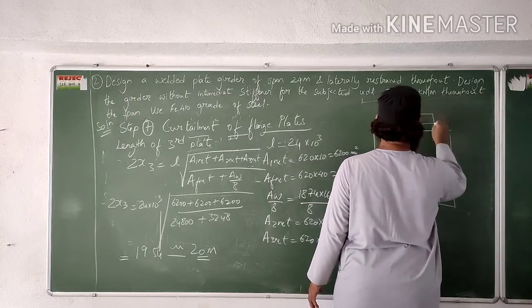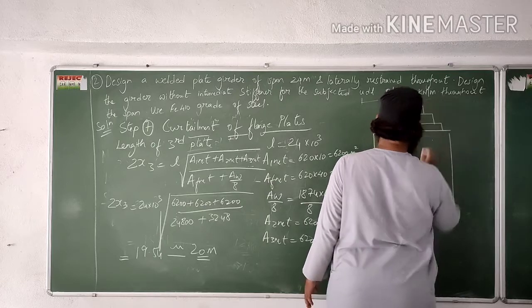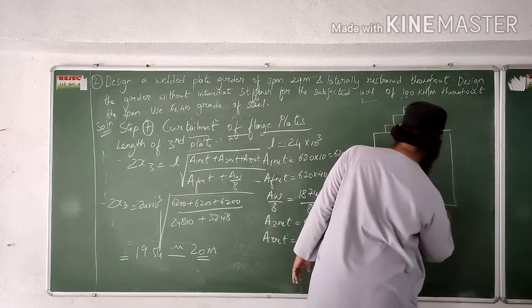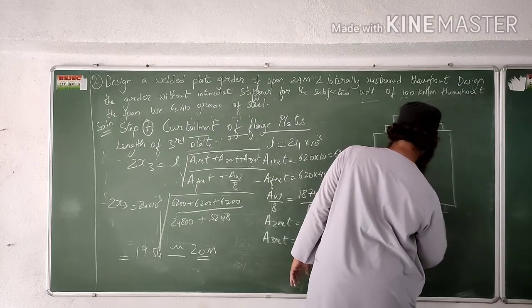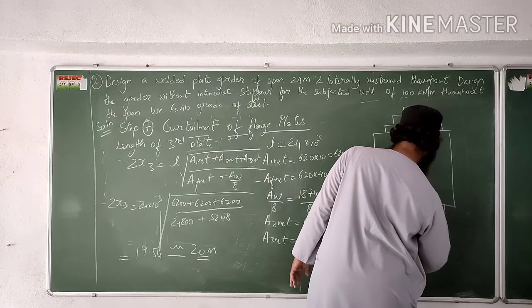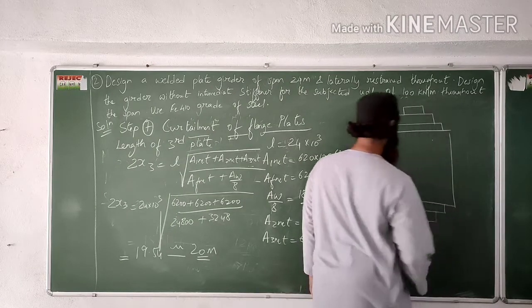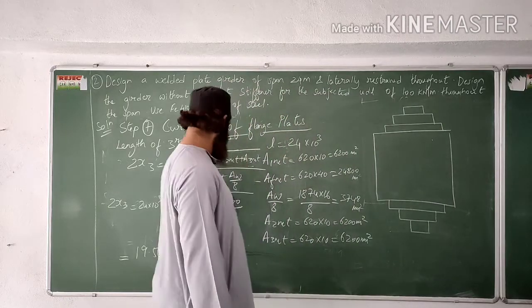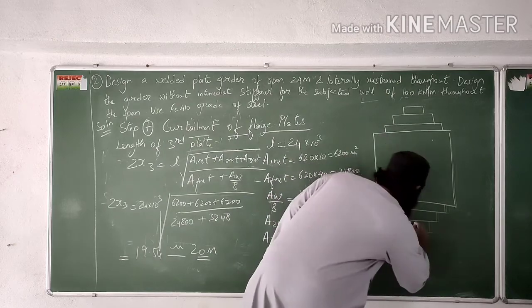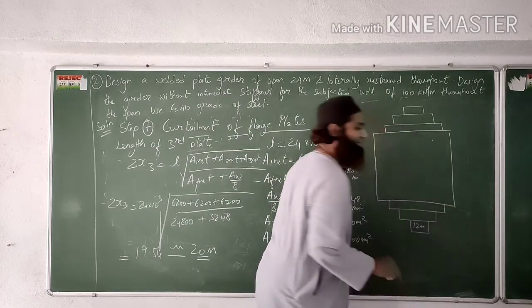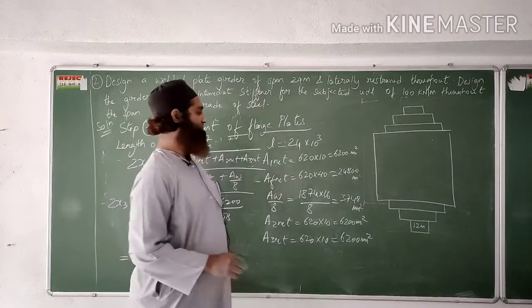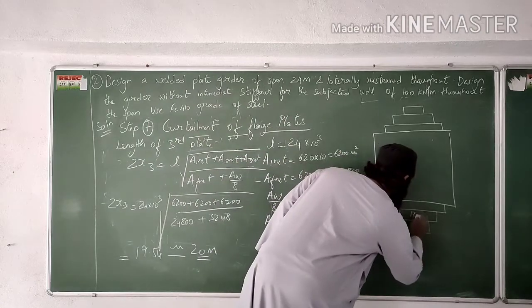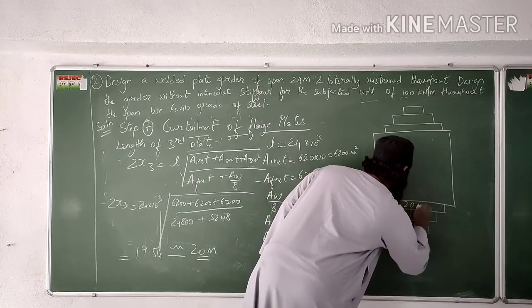Three plates have been curtailed. This is how it will look like. So the first plate was of about 12 meters and the next plate was of about 16 meters. And this third one was about 20 meters.